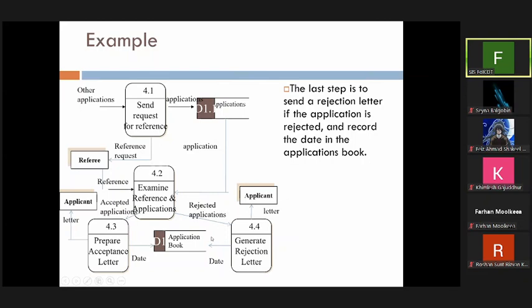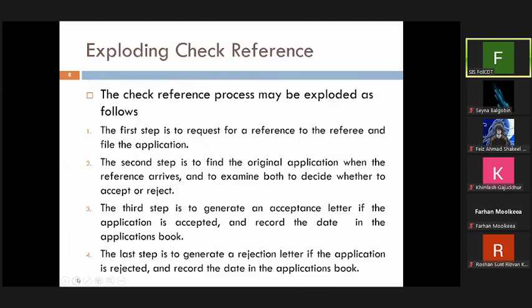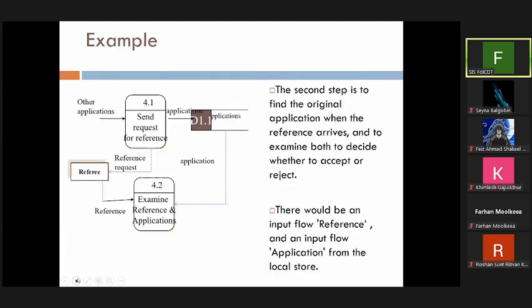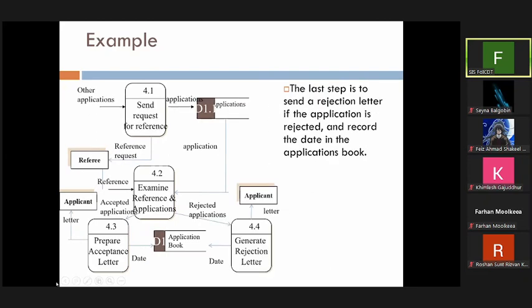The applicant we are taking again from the higher level and the application book we took from the high level. So this is basically your diagram. We have 4 sub-processes: 4.1, 4.2, 4.3, 4.4. Send request, examine reference, prepare acceptance letter, generate rejection letter.